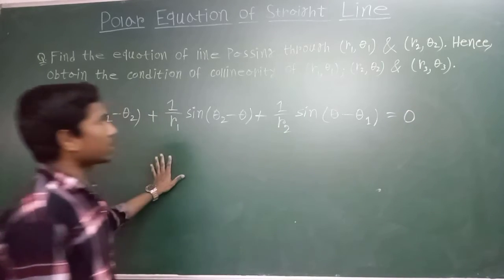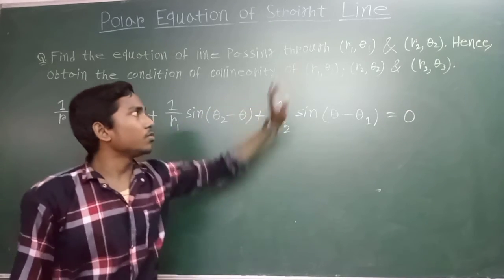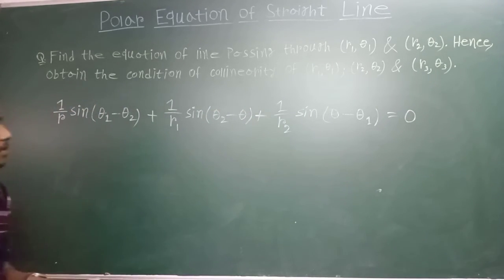This is the required equation of the straight line passing through two given points r1 theta 1 and r2 theta 2.